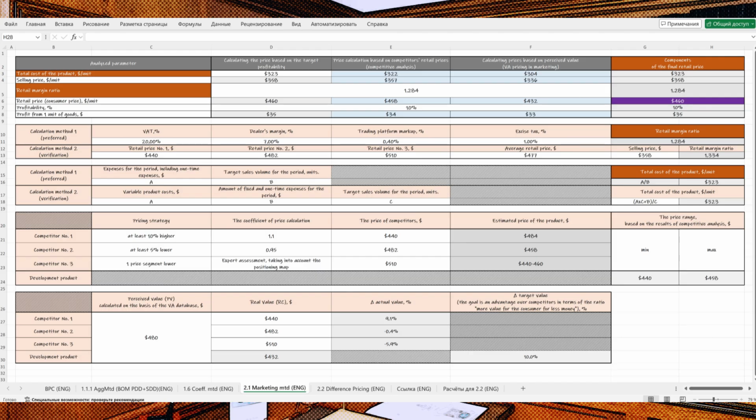We will not consider the step-by-step mechanism for filling in this table, since if the analyst has a calculation file, this mechanism becomes intuitive, noting only the final sales price for 416 was calculated for the target profitability, taking into account the decision of the admissibility of exceeding the sales price values obtained by 2 alternative calculation methods, 458 and $432, as well as taking into account data on competitors' sales prices.